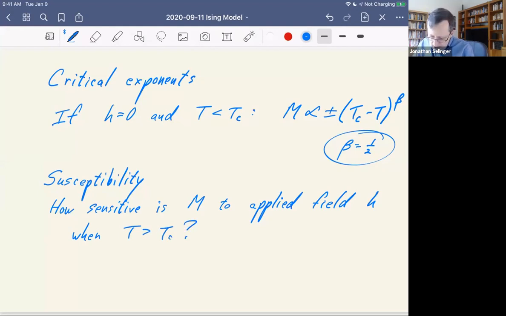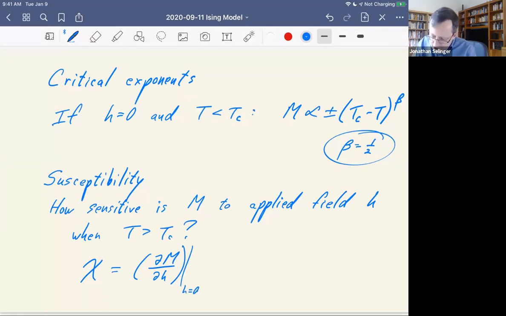Okay. So that is characterized by the derivative, which people call chi. That is the derivative dM/dH, right? Evaluated at H equals 0.